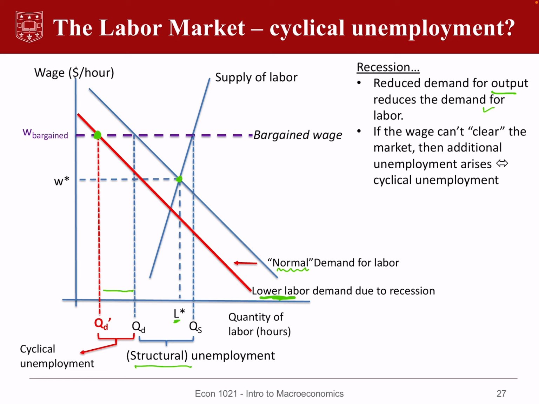So the quantity demanded of labor is going to drop by this additional amount that we would attribute to cyclical reasons. And so therefore, the overall level of unemployment is going to rise. We have the amount that's attributable to structural problems that we identified earlier simply because the nominal wage can't drop, for whatever reason, to the one that would clear the labor market.